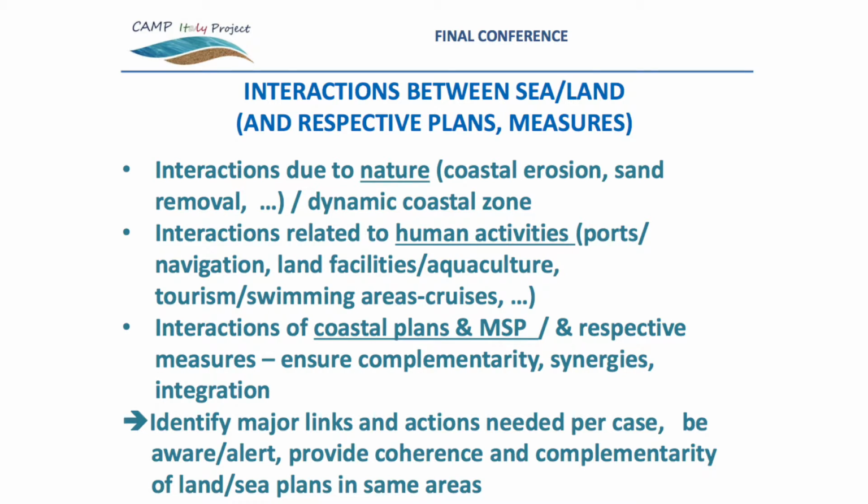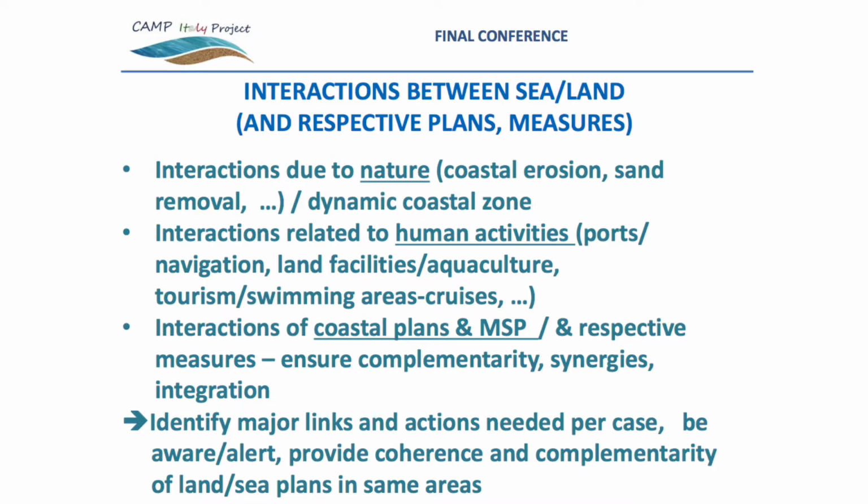The second is the interactions related to human activities. For instance, navigation. Navigation is a marine activity, but it needs ports on the land. Aquaculture is a marine activity, but it needs land facilities. Otherwise, they cannot circulate their products.